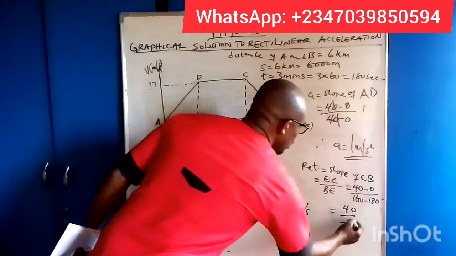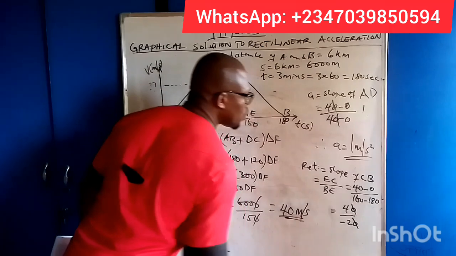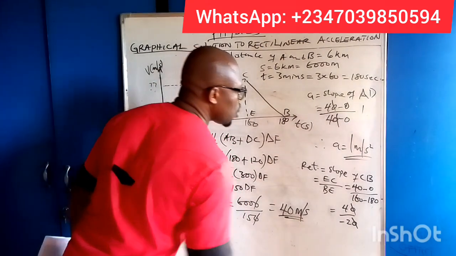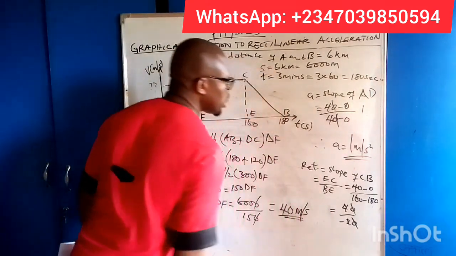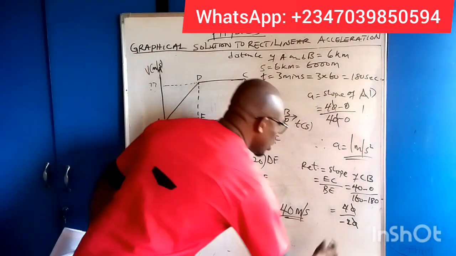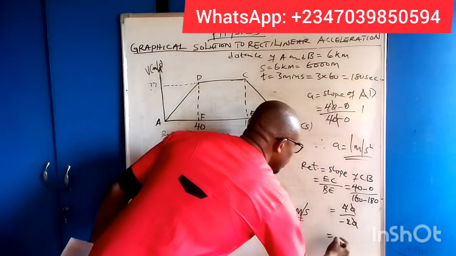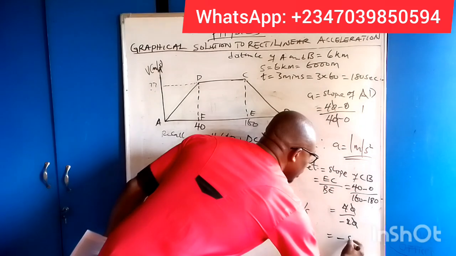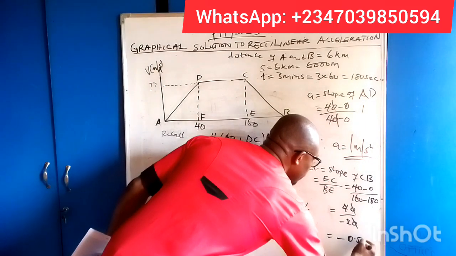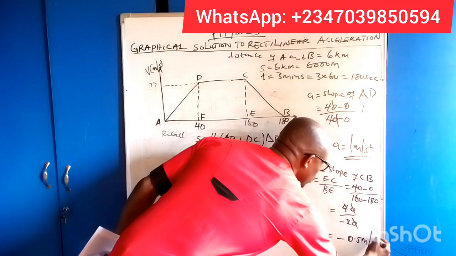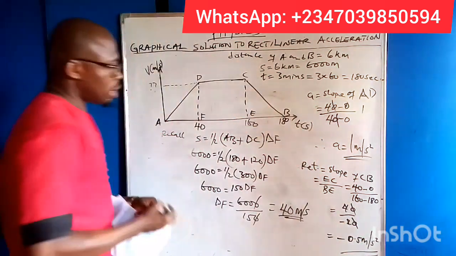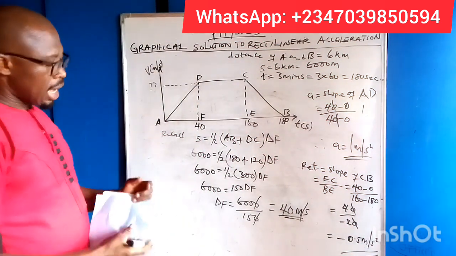Of course, 2 will cancel, 0 will cancel 0, so it gives us 1 over 2. And 1 over 2 gives us that the retardation is minus 0.5 meters per second squared. So this is the final answer.